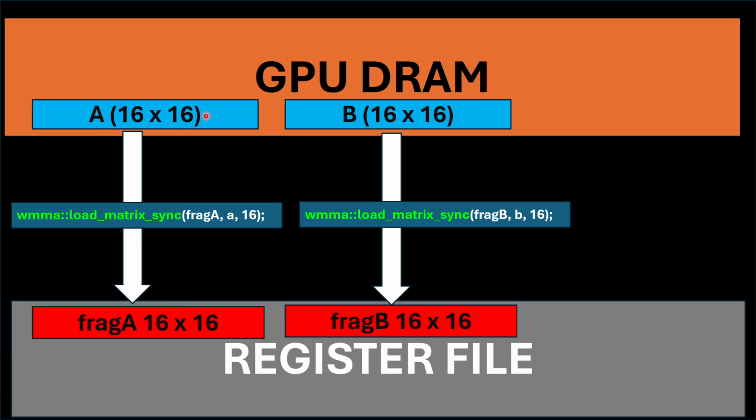We are moving data from the GPU DRAM, from this matrix A, or from where this pointer is pointing, to the space on the register file where this other pointer is pointing.